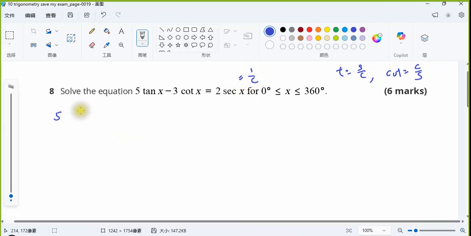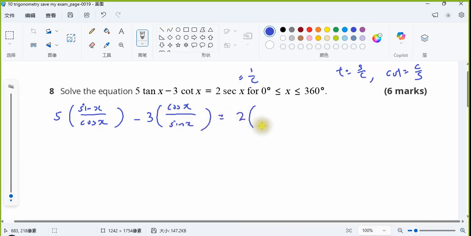So we have 5 sine x over cos x minus 3 cos x over sine x equal to 2 times 1 over cos x. So we multiply with sine cos, then the cos cancels, sine cancels, cos cancels.